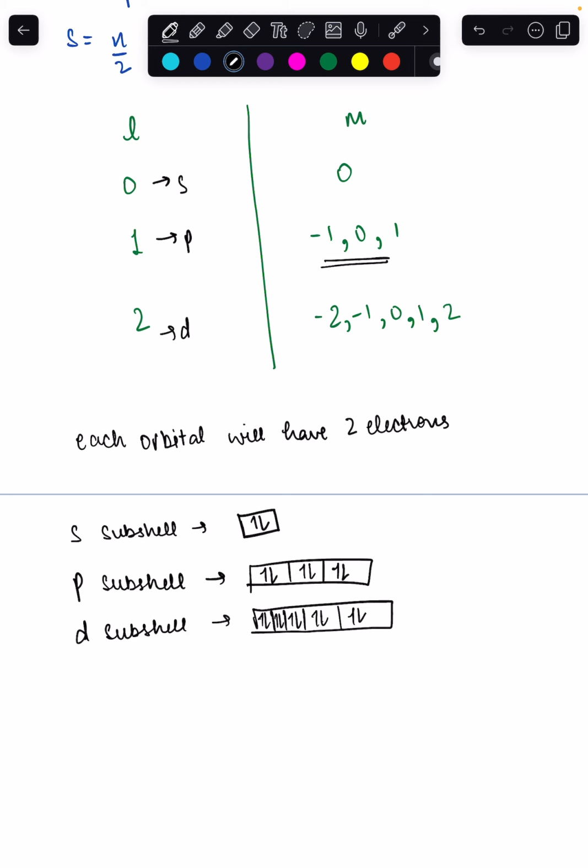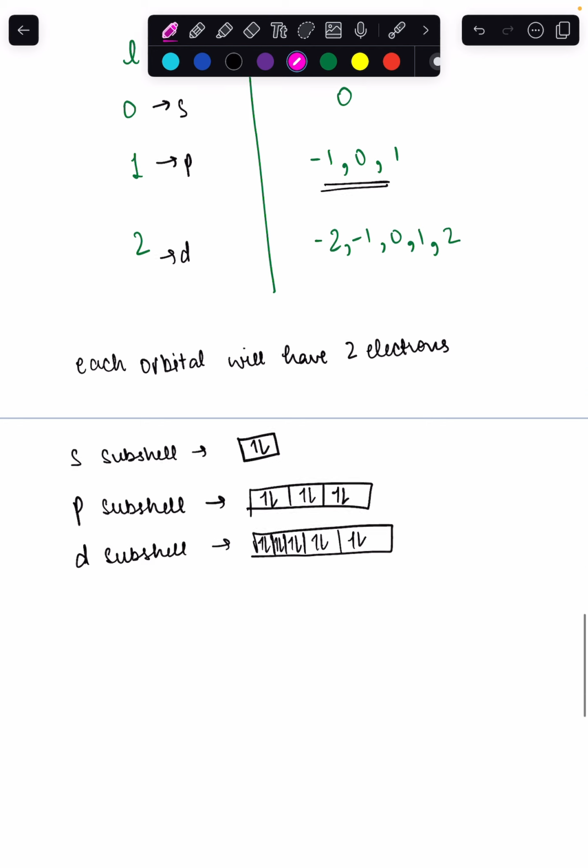So we said that in a particular orbit or shell, we will have 2n square electrons. How can we say that? It is very simple.